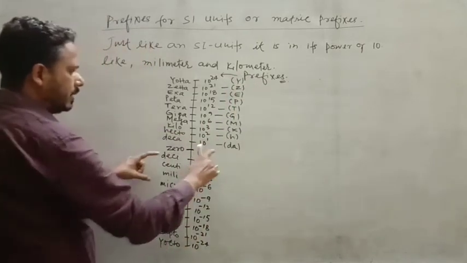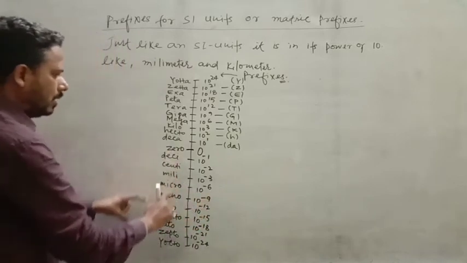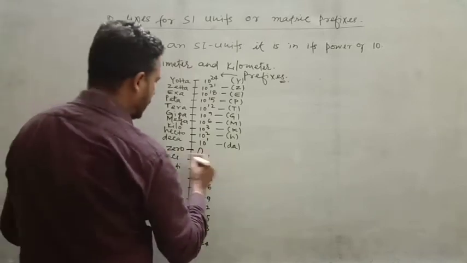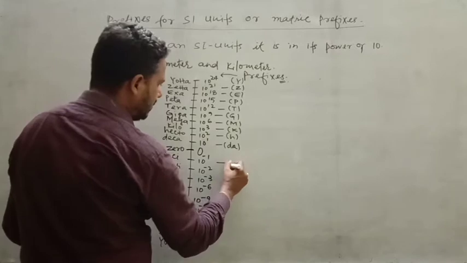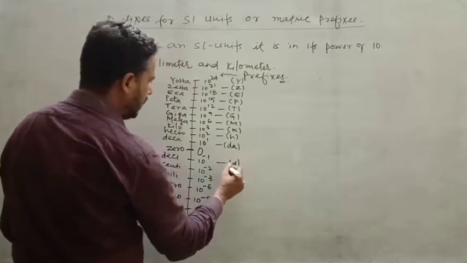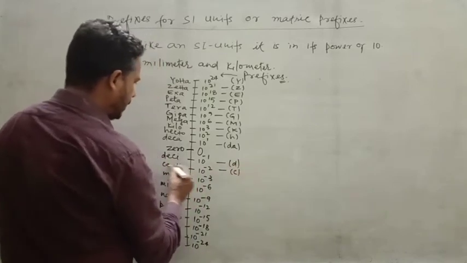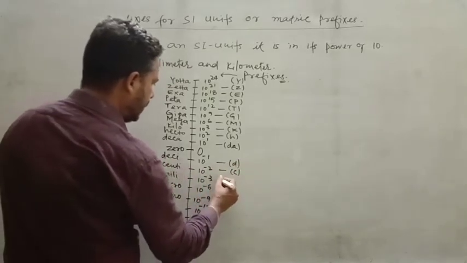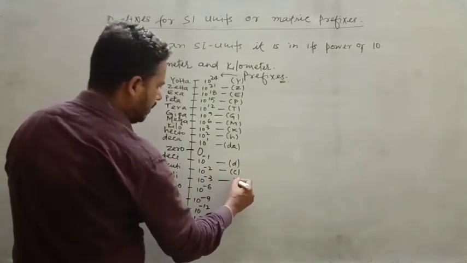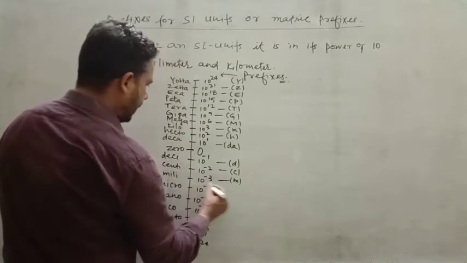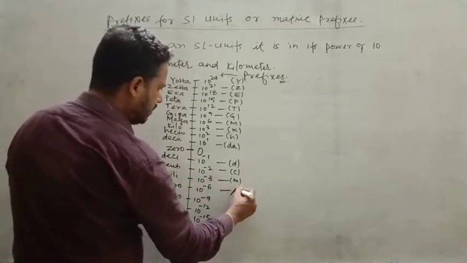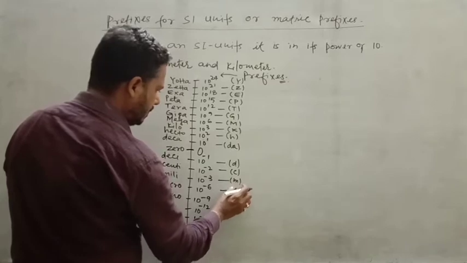Accordingly, we will write here the symbols. Deci is simply represented by small d. Centi is small c. Milli is small m. Micro is represented by this symbol, called mu.